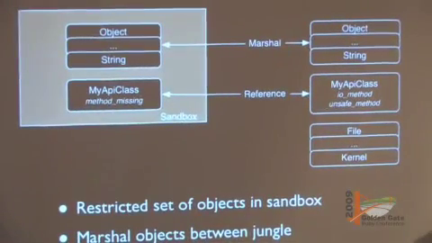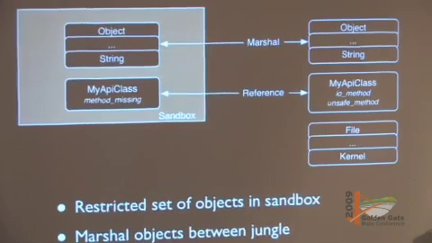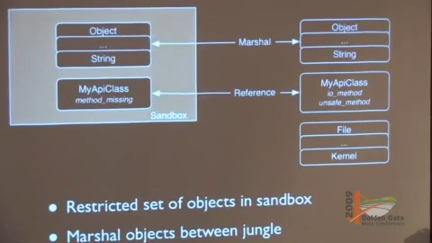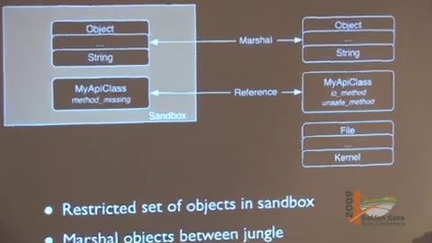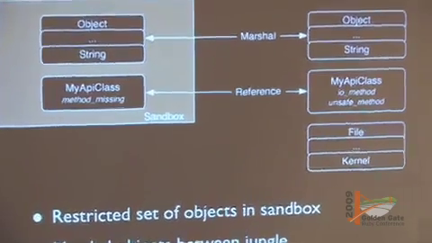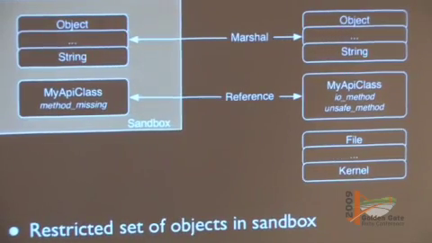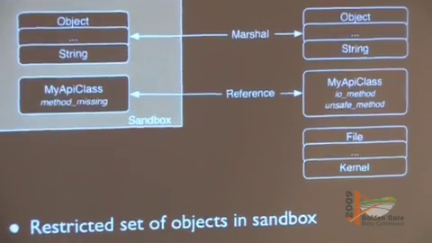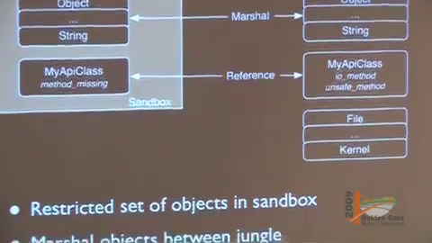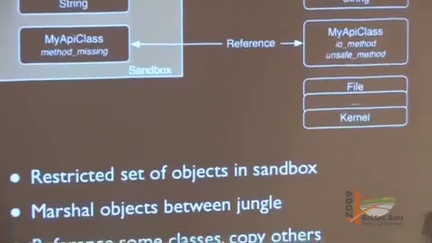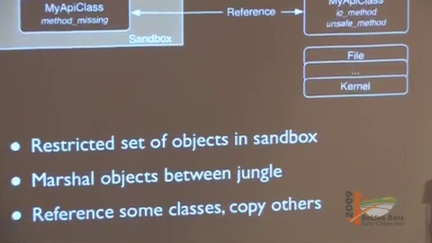Inside the sandbox, there's an object class, a fixnum class, and a string class. There's some really basic stuff that you couldn't write any useful Ruby code without. It's a different object class and a different string class than you might find outside the sandbox. So maybe I've removed some dangerous methods. It doesn't have to be the same object and string.